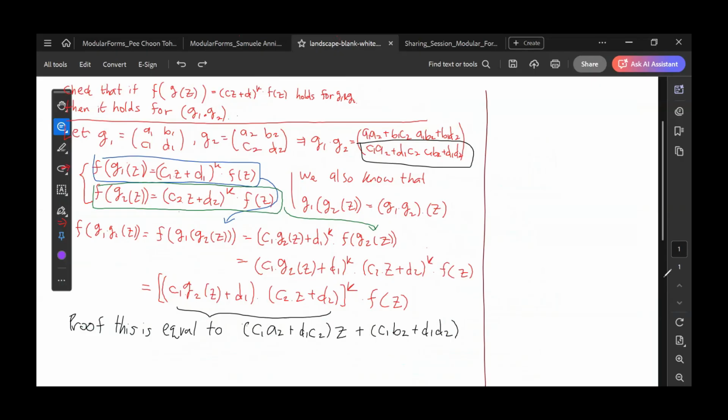So we have that E1 times E2 that plus E1 times E2 that plus E2.